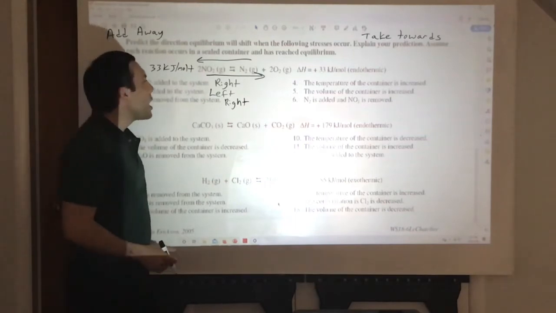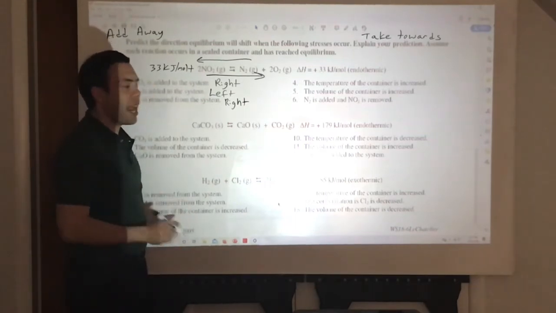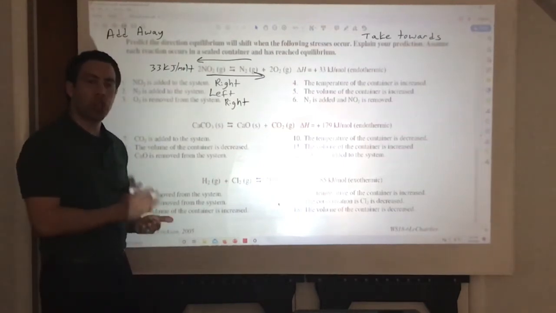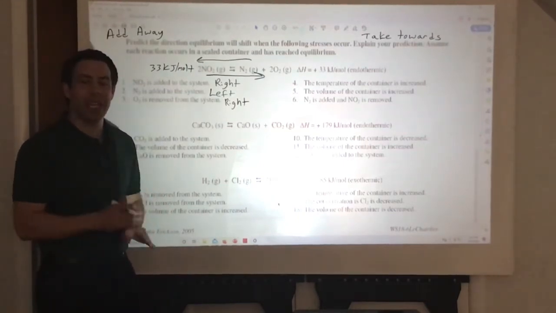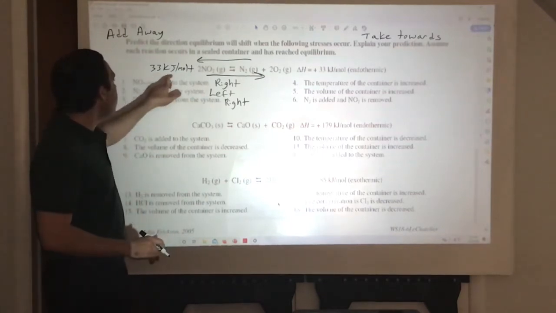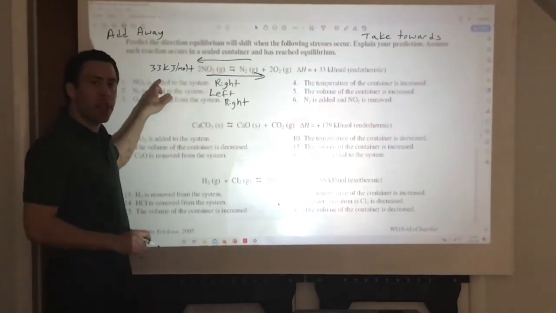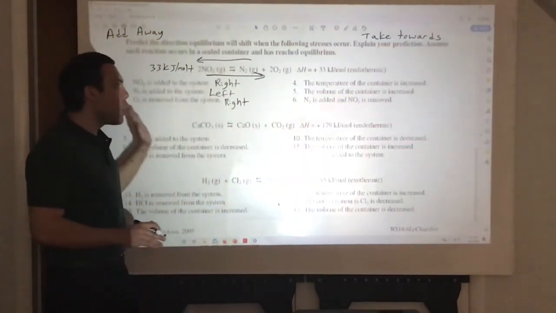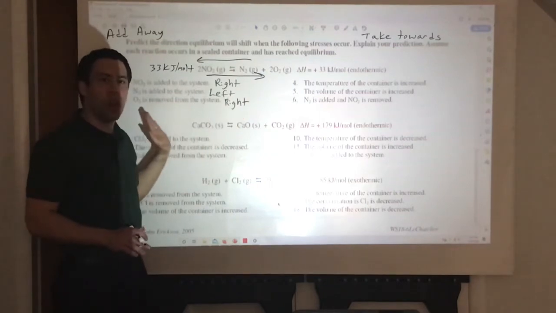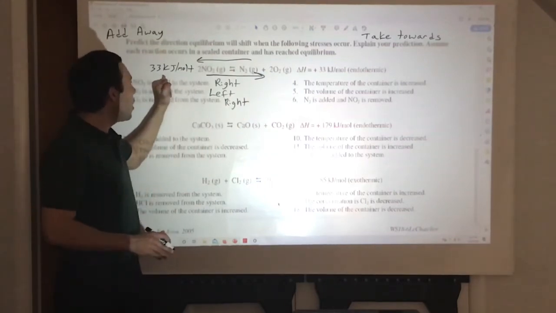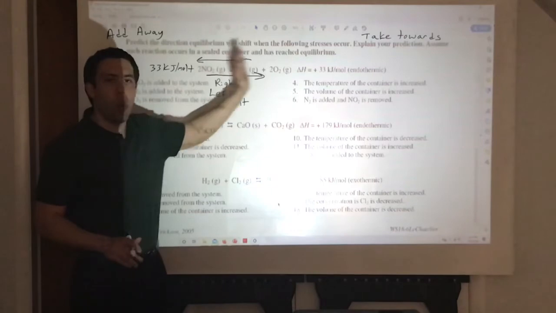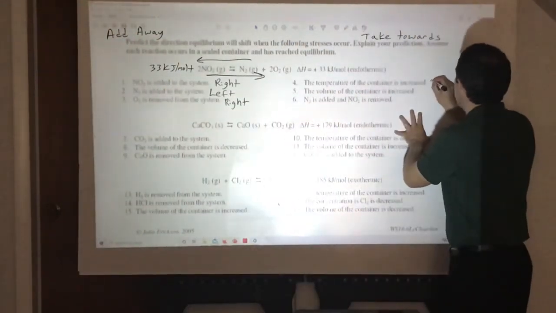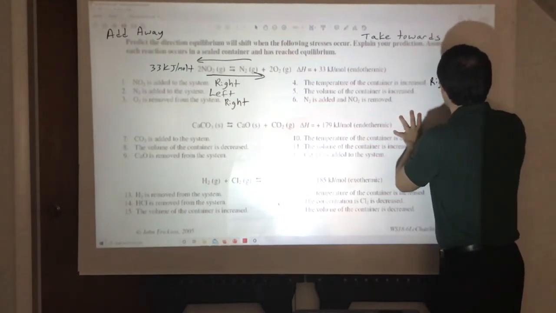Number 4 says that temperature of the container is increased. Remember, treat temperature, treat heat as you would any other substance. Since the kilojoules, the heat, is on the left side, we're increasing temperature, we're adding heat, we're going to shift away, add away. Since the heat is on the left side, we're going to shift away to the right side. So if we increase temperature, we shift to the right.